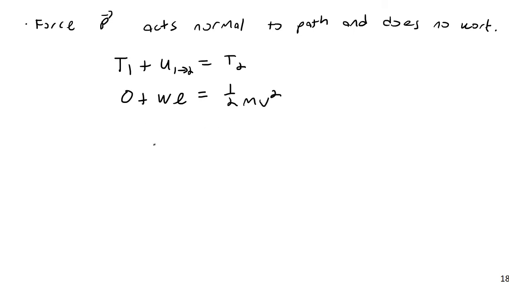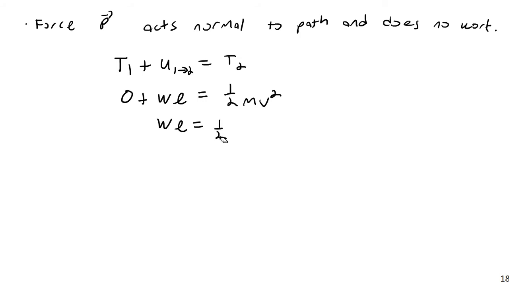So this goes away, and I have WL equals 1/2 mv squared.